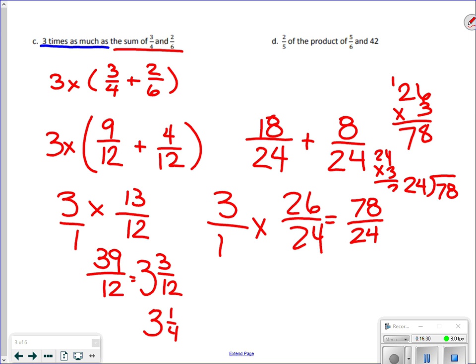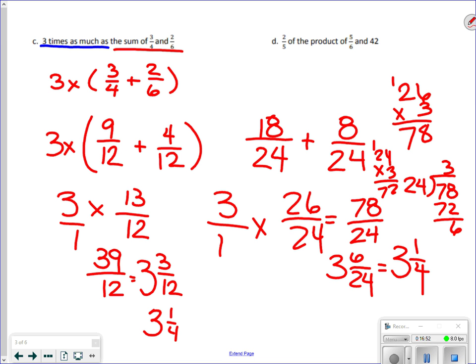I know it's got to be 3, 72, 6. 3 and 6 24ths simplified would still be 3 and 1/4. And see, it's not even complicated. It was just another way.